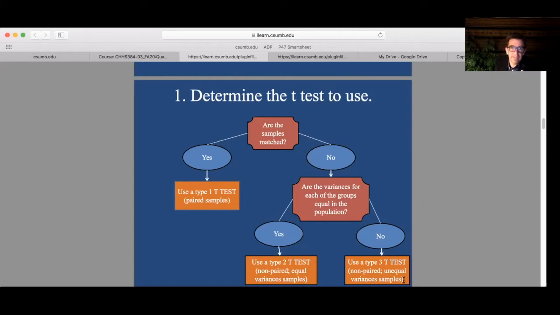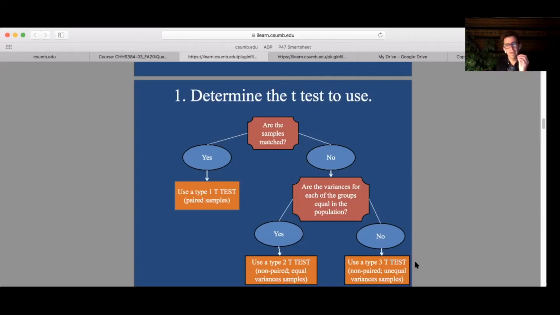But these days, where we have Google Sheets, Excel, all this software, it's just the press of a button, right? Which type of test we choose. So we can do a type 2 and a type 3 and then compare the results if they vary a lot. Usually they don't. But anyway, these are the 3 types.